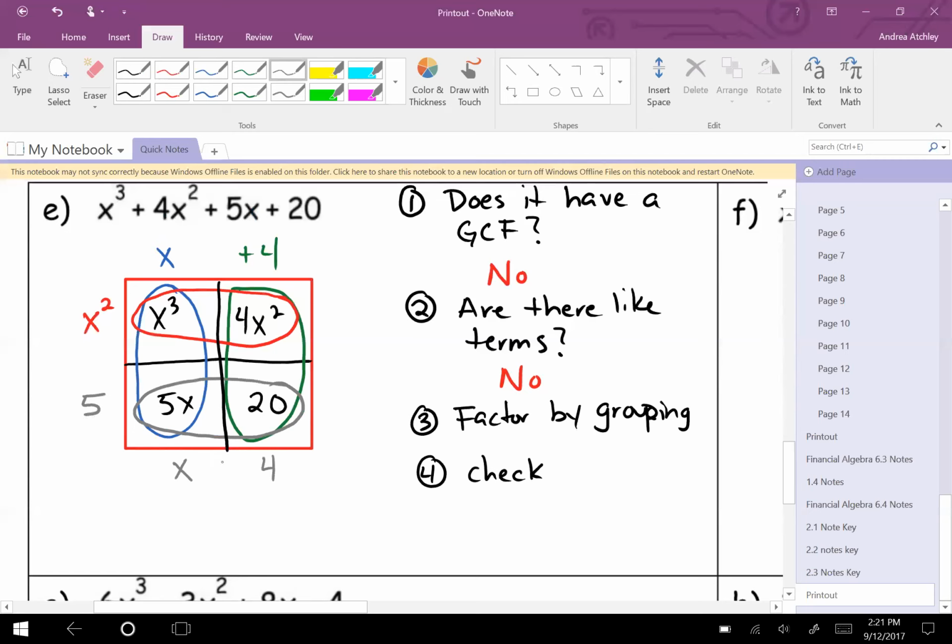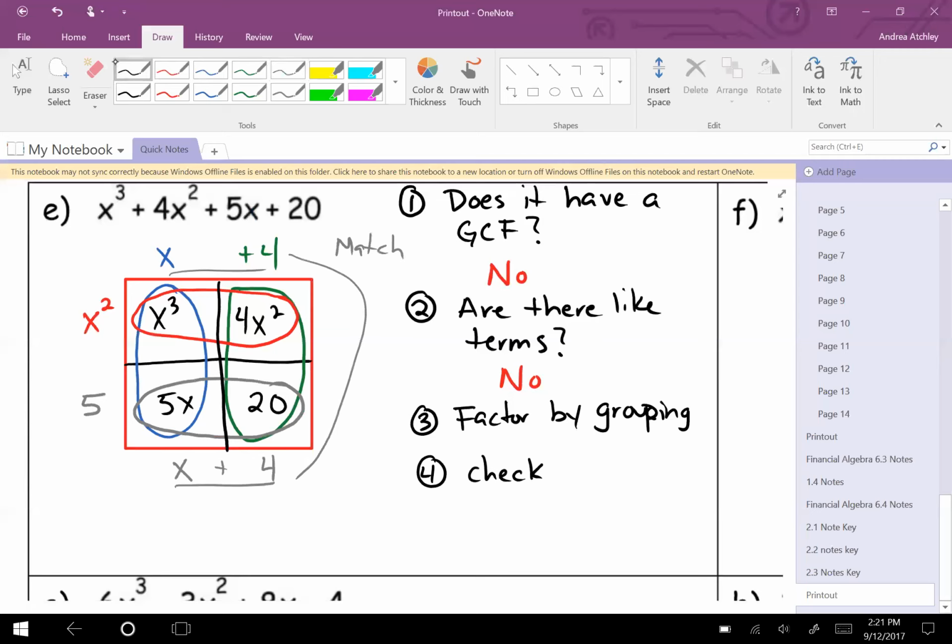We want to make sure that in a rectangle or a square, this side has to match this side, right? Do these match? If they don't match, then we've done something wrong. Go back and fix it. You haven't factored out the right GCF, or it could just not be factorable. Okay.